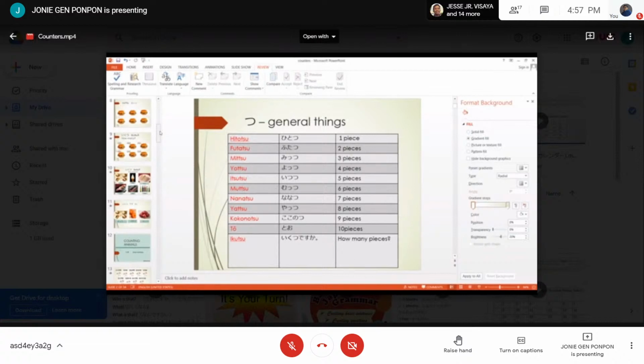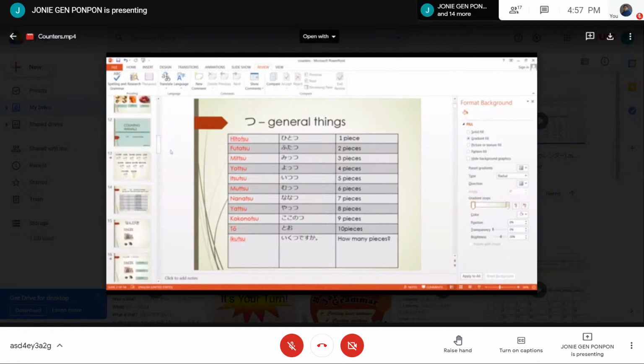Is it a long object? So you should know what object or what's the size of an object. Okay, so in answering those questions na hanggang 11, from 11 pieces to what pieces, okay?